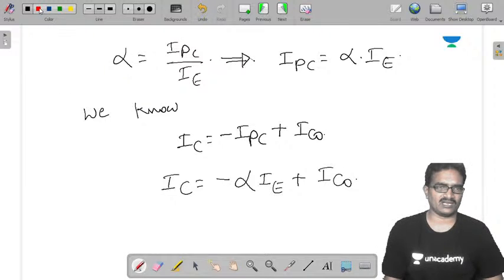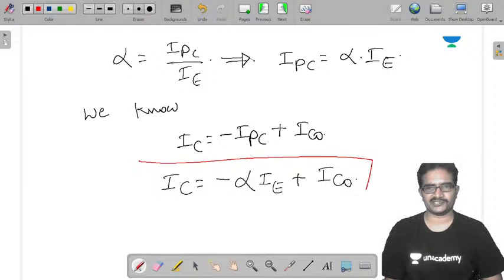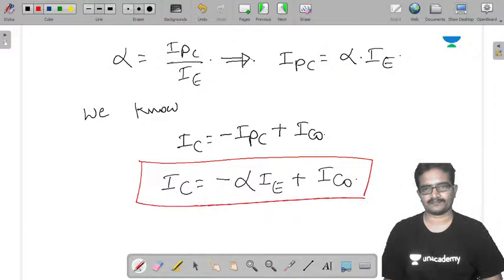Sir, this is one of the important equations in transistor.